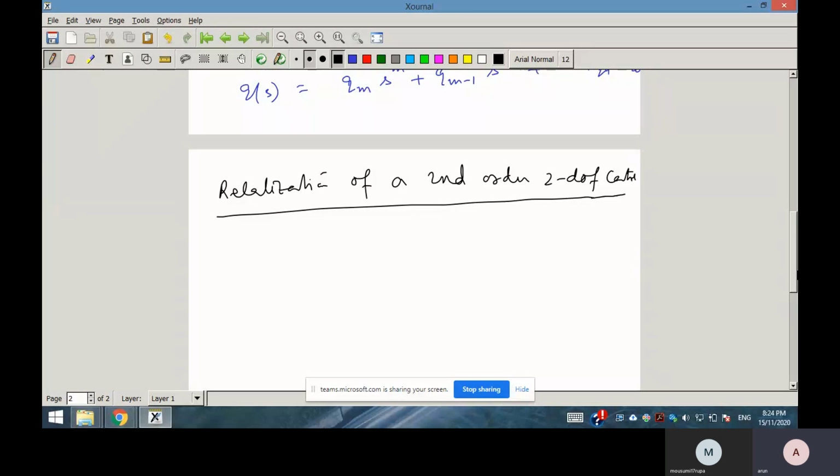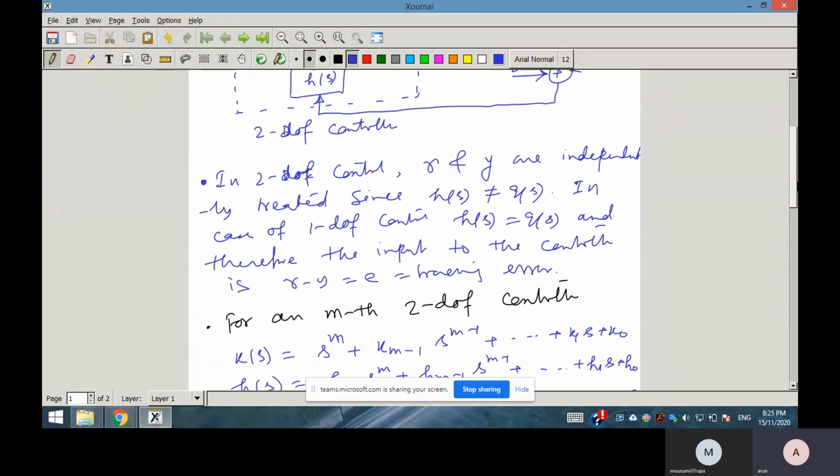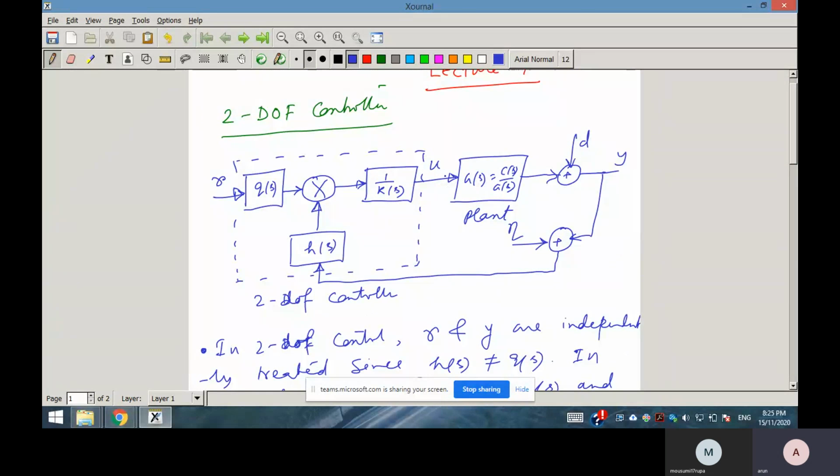I think this is not yet taught; it is not there in your course. But you can easily verify the block diagram that I am drawing, that your controller will be u equal to hs by ks into y plus eta, plus qs by hs into rs.